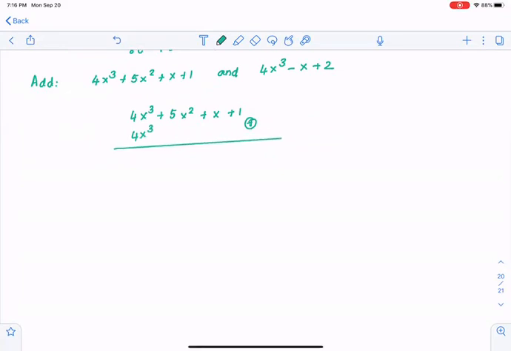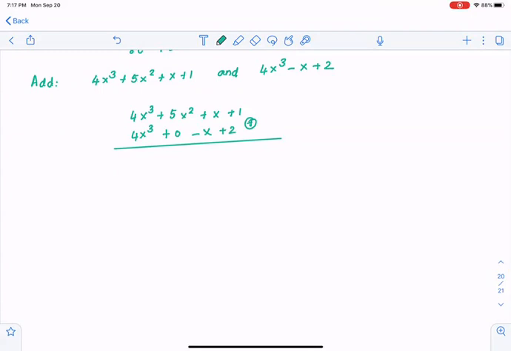The second polynomial does not have an x squared term, so I can just put 0 there. The second polynomial does have an x term, so minus x. And lastly, plus 2.